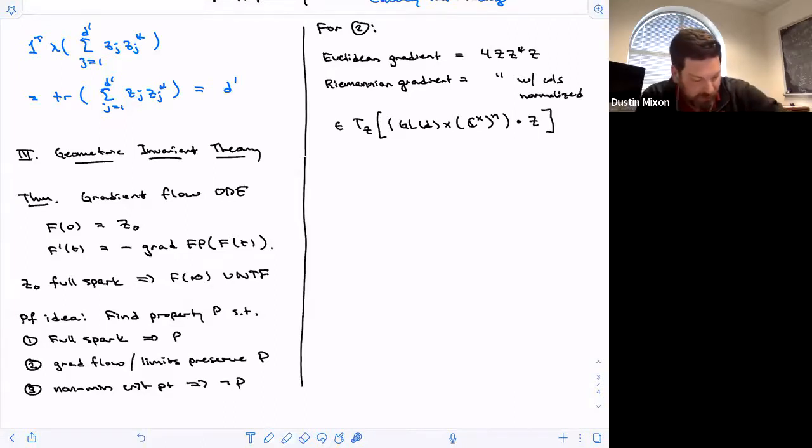So what that means is the gradient flow trajectory is going to stay in the orbit of your initial point.